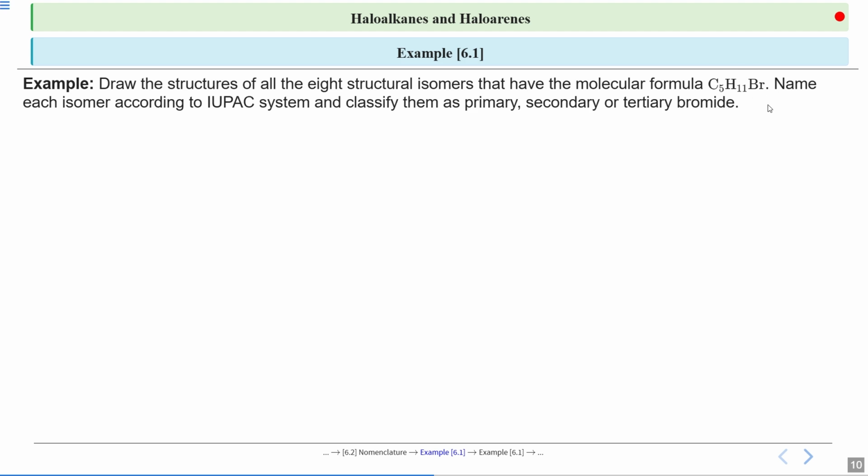You know structural isomers, right? The molecular formula is the same but the structure is different, by interchanging substituents from one carbon to another. Then name each isomer according to the IUPAC system and classify them as primary, secondary or tertiary bromide. It's very easy. Try to do that, and you have some time. After that, we will see the correct answer and the correct way to solve it.